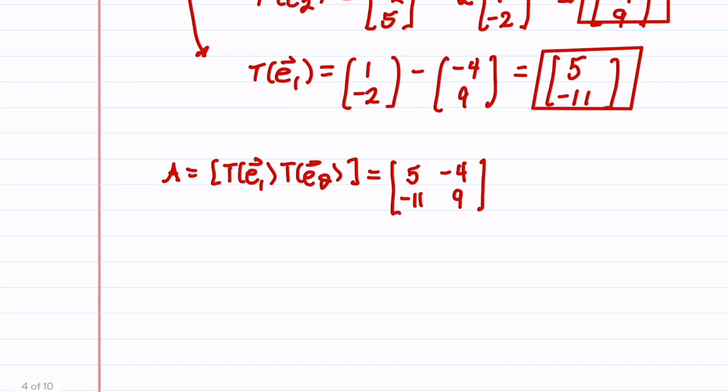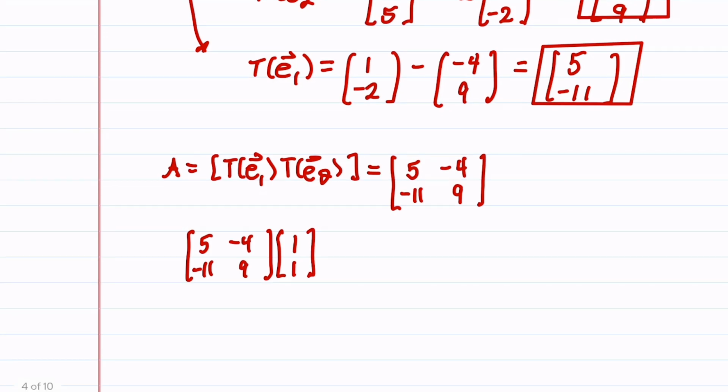So let's take this matrix and multiply it by our vector v1. This gives us 5 minus 4, which is 1, and then -11 plus 9 is -2, and we can verify that that is indeed T(v1).